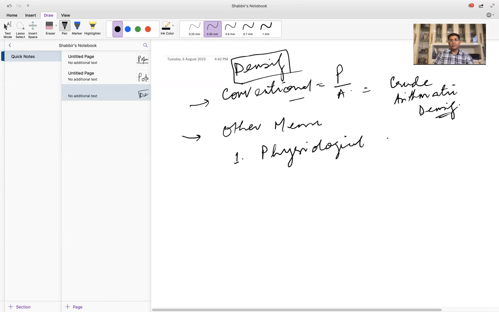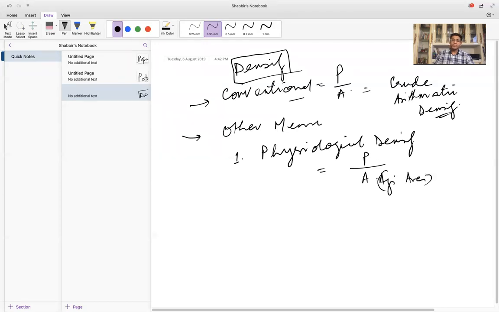The physiological density is population divided by area, but in this, we consider only the agricultural area. We consider only the land which is agriculturally fit or cultivable area.